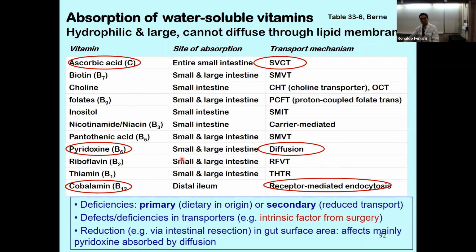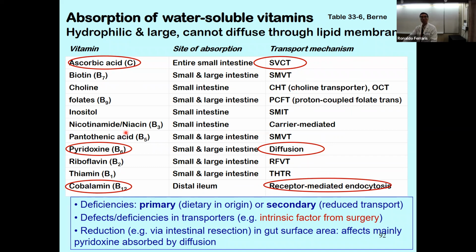If you know the basics of vitamin absorption, then you realize that these are the two vitamins that are likely to become deficient. And of course, you can have genetic defects.